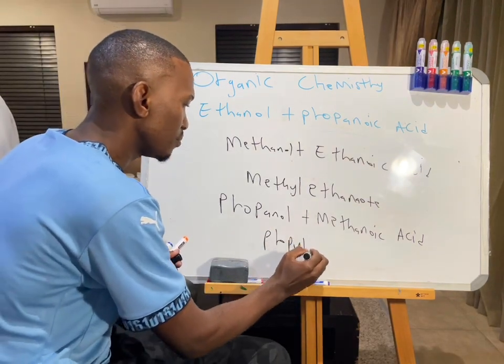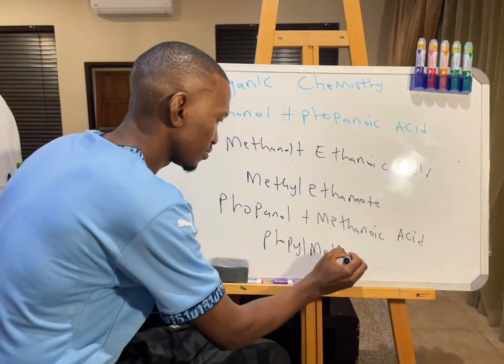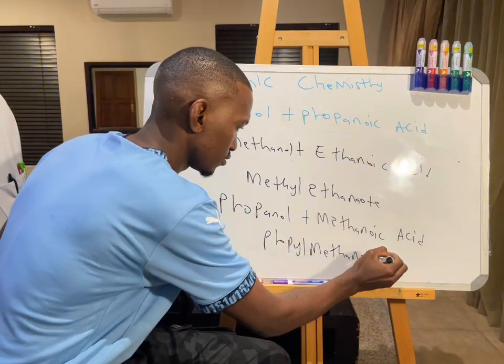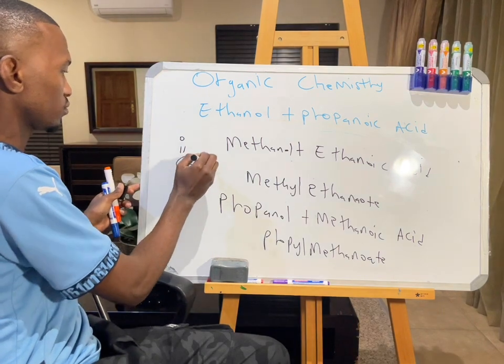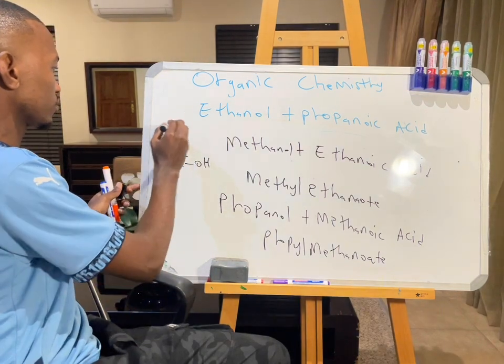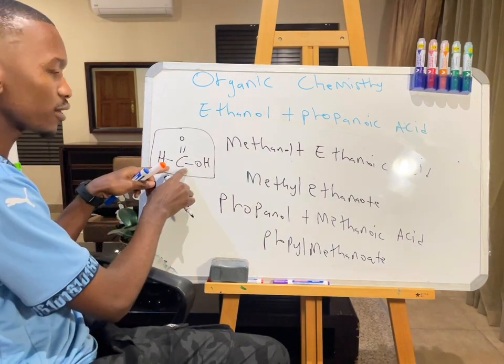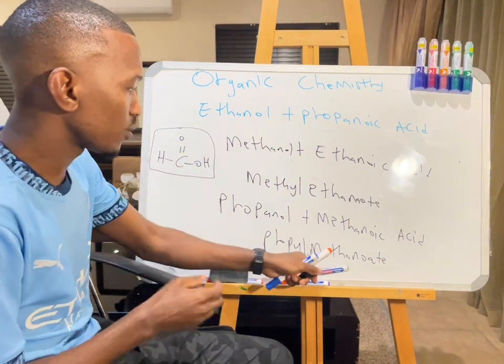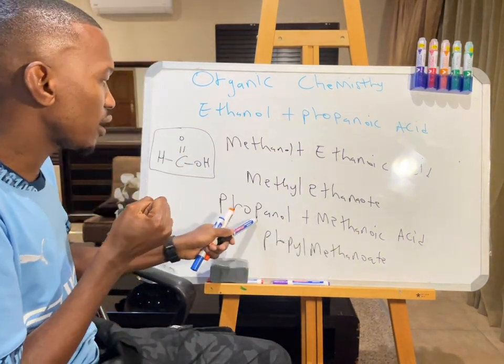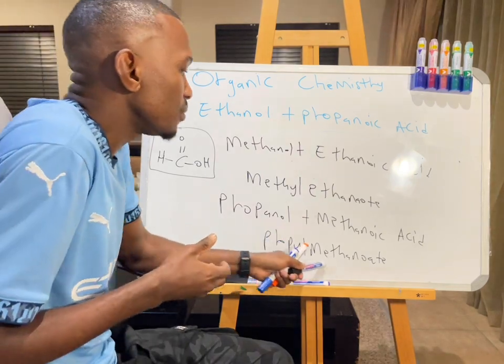Propyl methanoate. If you didn't know, this is methanoic acid, by the way. 1, 2, 3, 4. There's still 4. That's methanoic. So methanoic plus propanol, they will give us propyl methanoate.